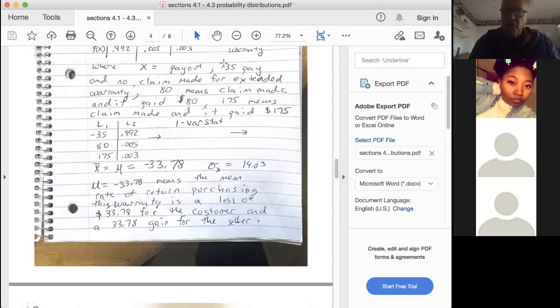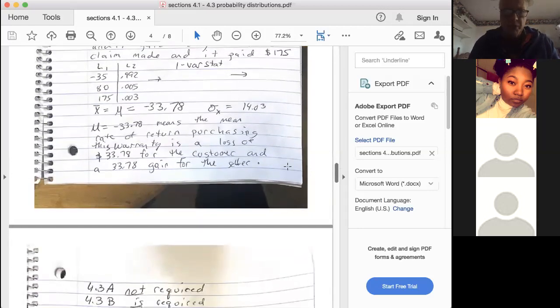If it goes back to your home screen, then you press second and 1, comma, second and 2, then enter. Either way, since this is money, I'm going to round both to 2 decimal places. We get an expected value, a mean of minus 33.78. And the standard deviation is represented with the sigma symbol here because everything's a population when we talk about a probability distribution. And that's 14.03.